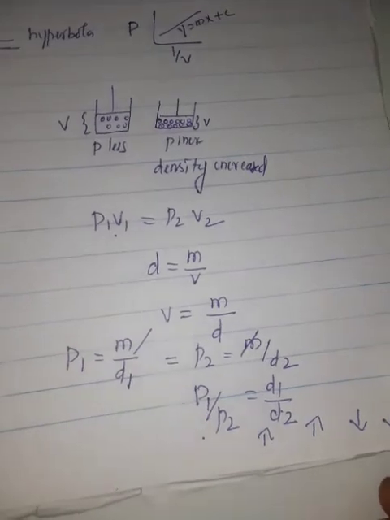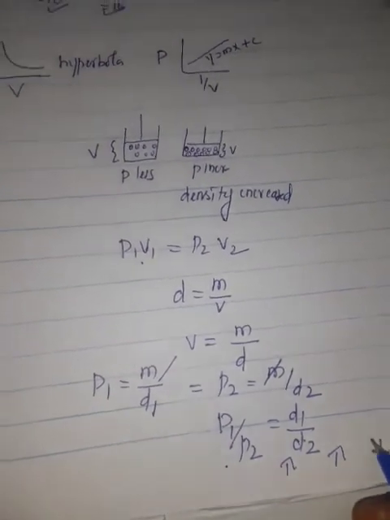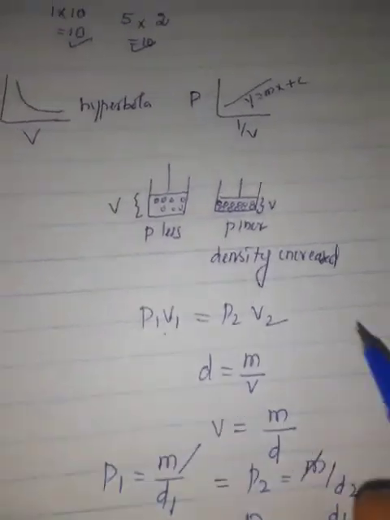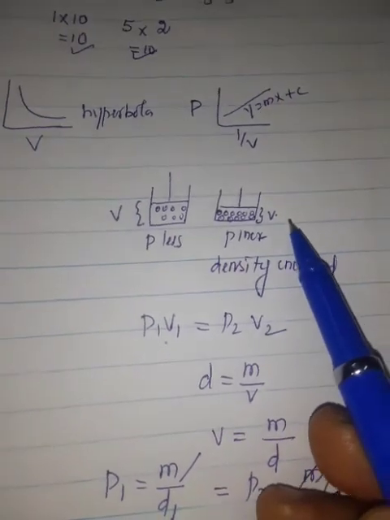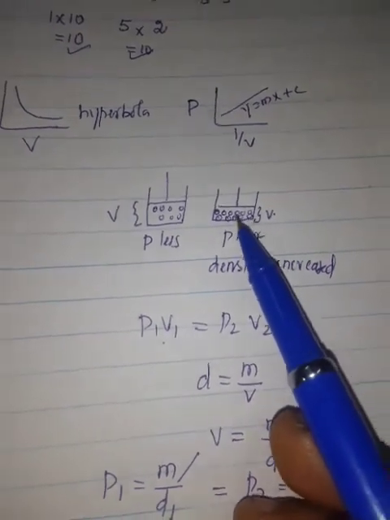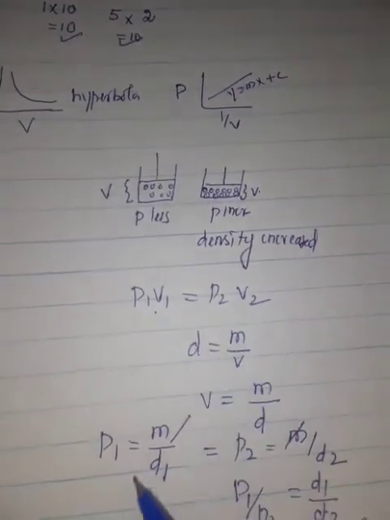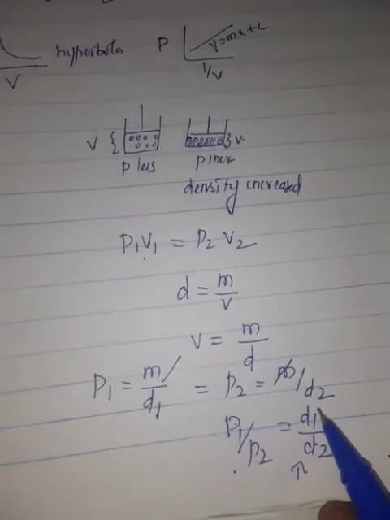So Boyle's law not only says about the pressure-volume relationship, it also explains the pressure-density relationship. When the volume decreases, pressure increases, so density also increases. So from this he derived P1 by P2 is equal to D1 by D2.